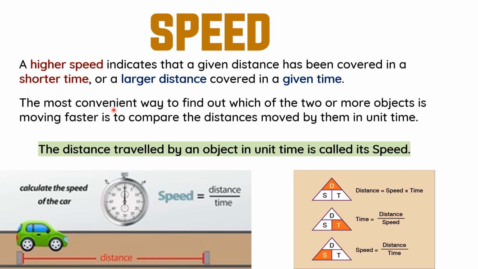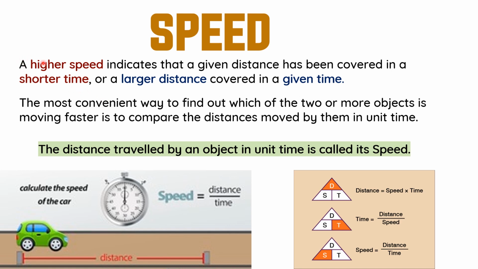Both cars start the journey, and car 1 took only 10 minutes to reach the destination, but car 2 took 20 minutes. So which car has higher speed? Definitely car 1, because car 1 took only 10 minutes to cover the 10 kilometers.